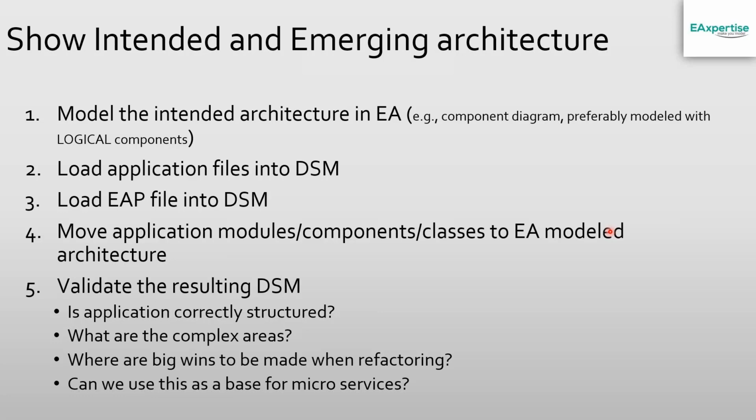What areas in the software or in your model are complex and maybe you have to redesign them? What parts or what changes can you make to do significant refactorings? And if you intend to use your current software to move from your silo application to microservices, what can we use or reuse in those microservices?